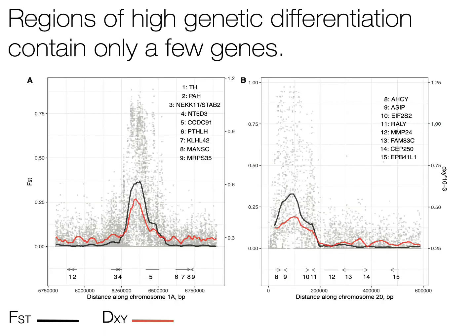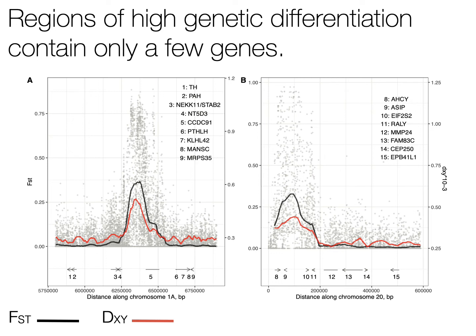When we zoom in on these regions, we find that they contain only a few genes, and they do contain genes with intuitive connections to phenotype. Interestingly, on the right panel for chromosome 20, a G-protein signaling protein is directly upstream of this divergent region.